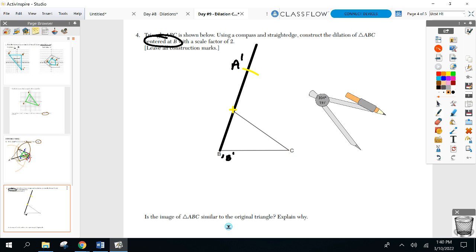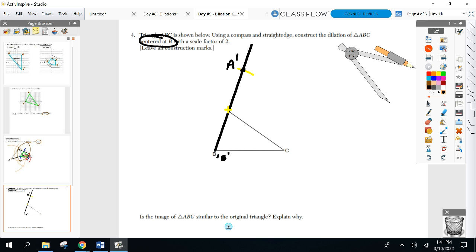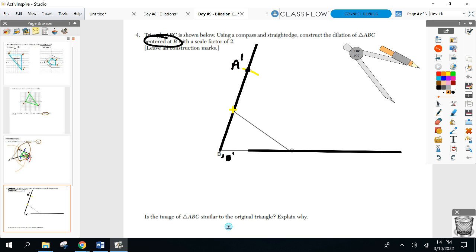And then let's do the same thing for dilating point C. B to C. And then let's make triangle A prime, B prime, C prime.